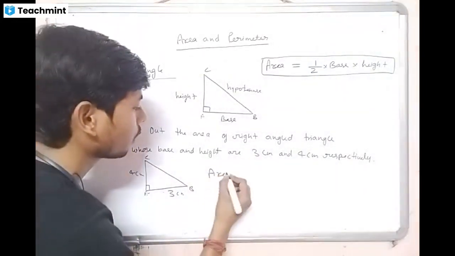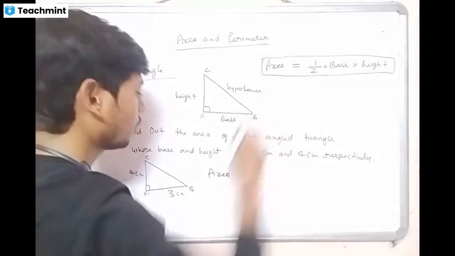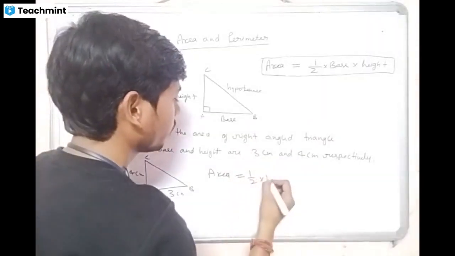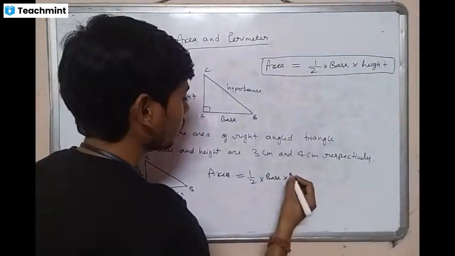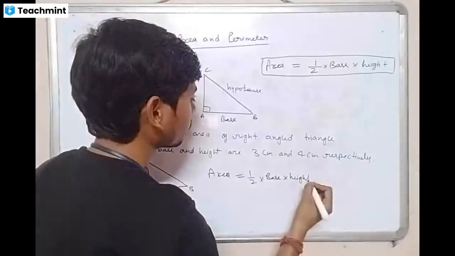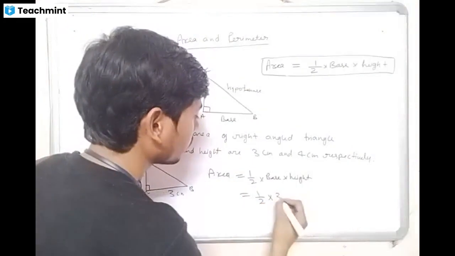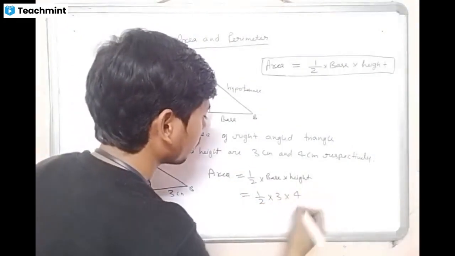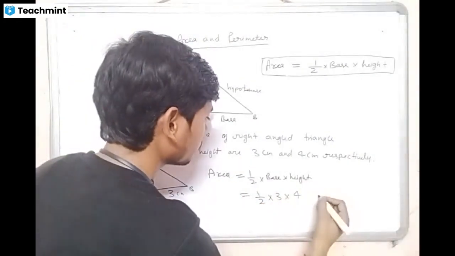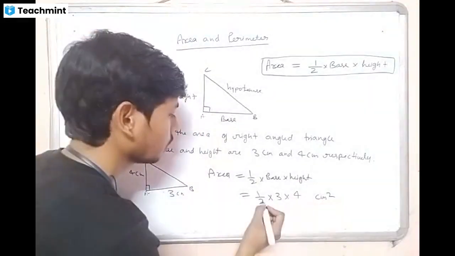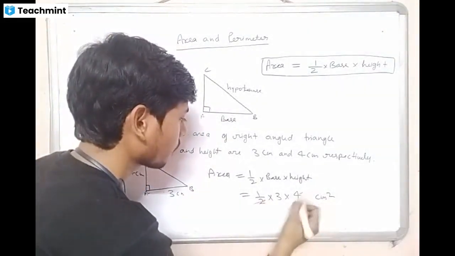The formula of area is equal to 1/2 into base into height. Now put the values to get your answer. Base is 3 and height is 4, and its unit is centimeter square, since we are finding the area.